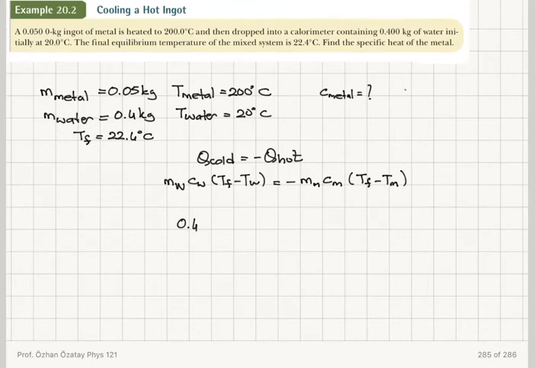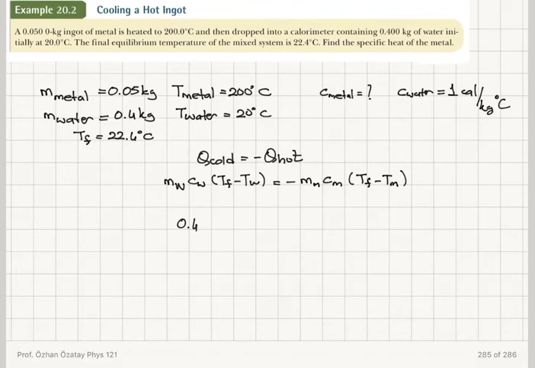The specific heat of water is going to be 1 calorie per kilogram degrees Celsius.